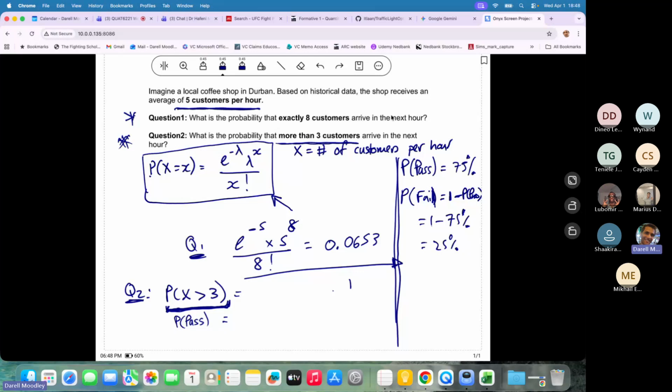Is it option 1, the probability of x less than 3? Or is it option 2, the probability of x less than or equal to 3? Which of these options is the opposite of this?